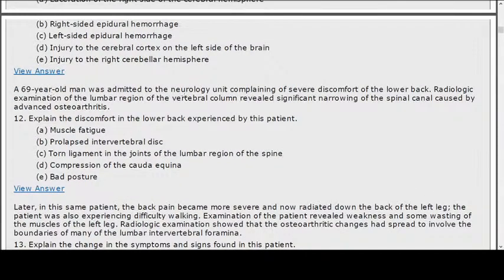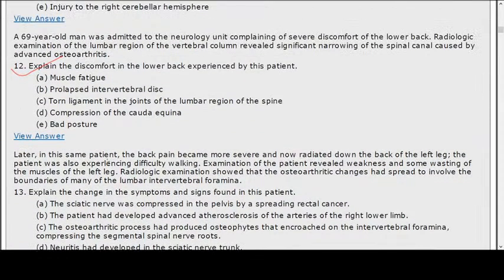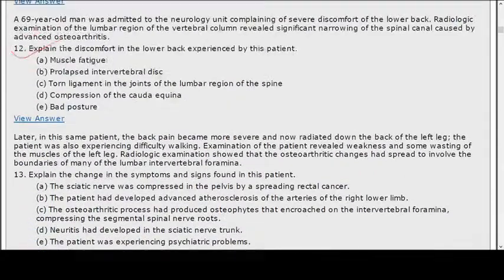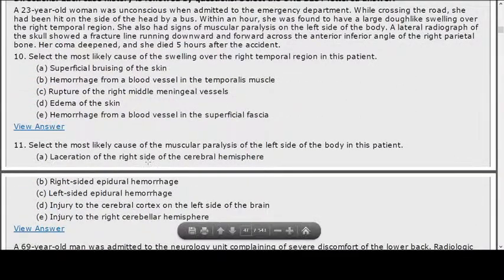A 69-year-old man was admitted to the hospital. Examination of the lumbar region of the vertebral column reveals significant narrowing of the spinal canal caused by advanced osteoarthritis. Explain the discomfort in the lower back experienced by the patient. Say the most likely cause of muscular paralysis on the left side of the body in the patient.